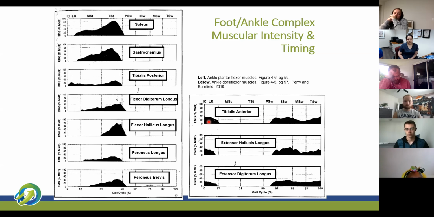So this one is a cool chart. Again, I would rather you know in broad strokes what muscles are working, are they working concentrically or eccentrically, and where they are in relation to the ground reaction force, or what's going on at the joint in relation to the ground reaction force. So we're going to assemble a little cheat sheet for you.